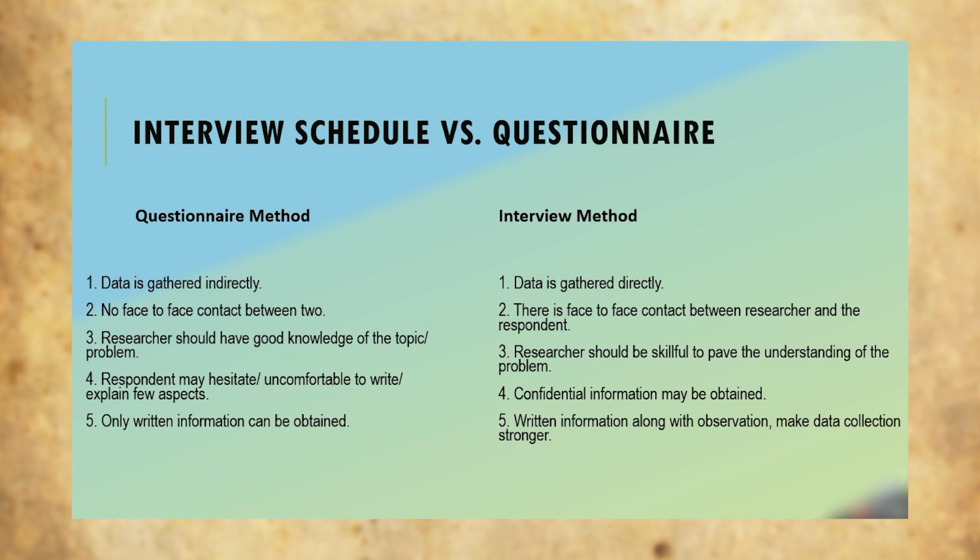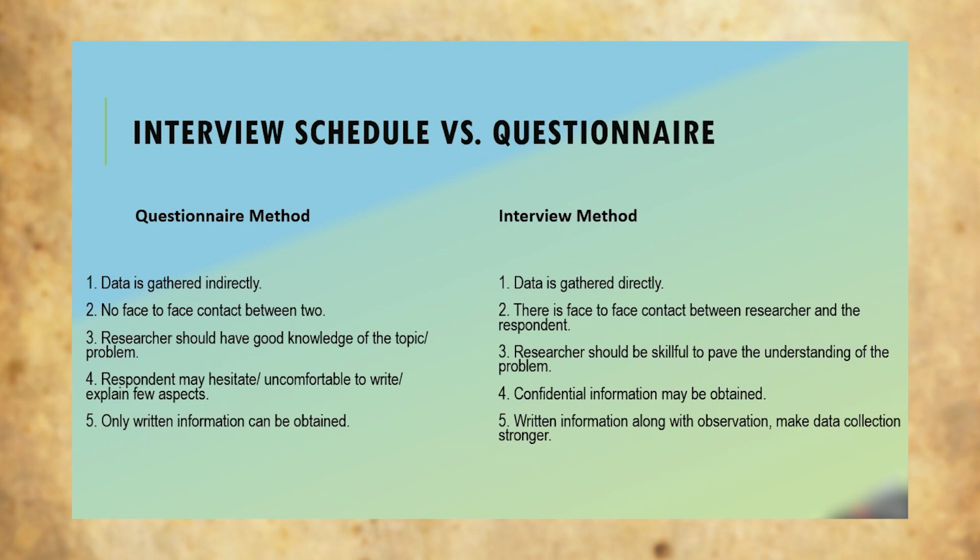In the questionnaire method, the researcher should have good knowledge about the topic or the problem. Here, in the interview method, the researcher should be skillful to pave the understanding of the problem. In the questionnaire method, the respondent may hesitate or feel uncomfortable to write or explain a few aspects.